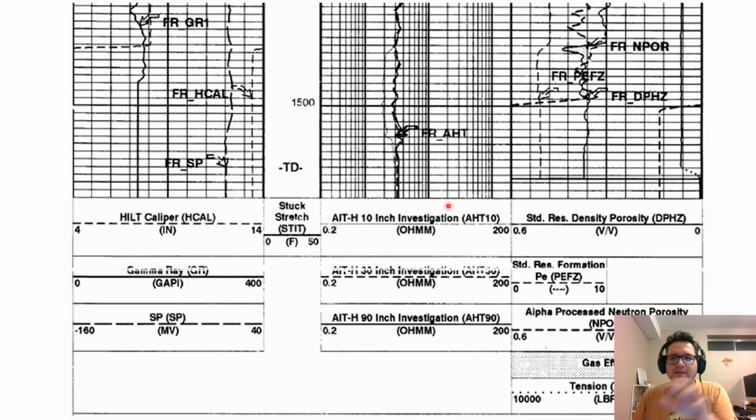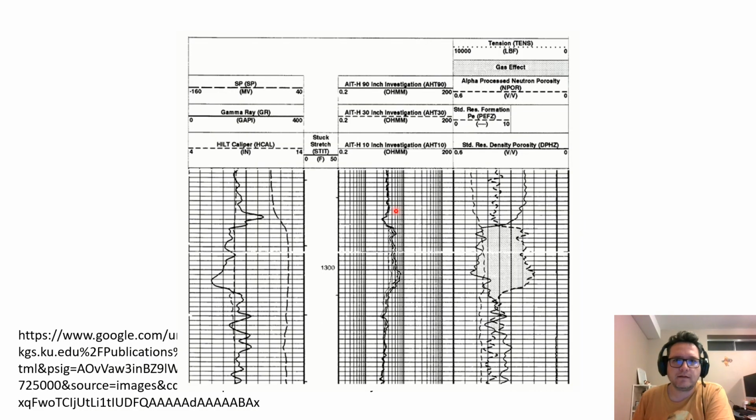So, to read the uninvaded zone, we use the deep resistivity. If our zone of interest is this zone with gas, I'm going to talk about gas effect in a bit.